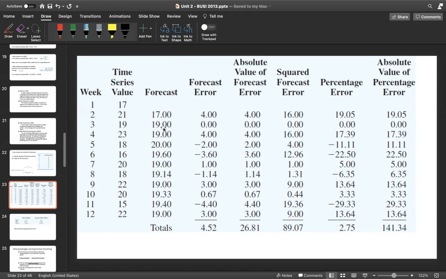You can copy it all over, because everywhere you go, it has to be the average of all those previous values. If you fill this column in the right way, everything else should be right, because we shouldn't touch any other columns in here. These are the same formulas. The only thing that changes here is the forecast.